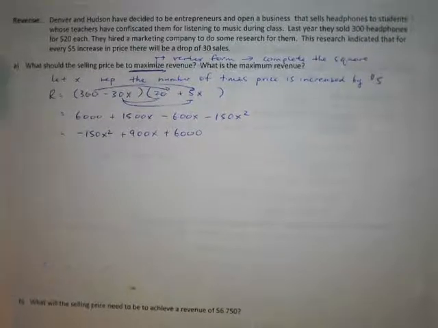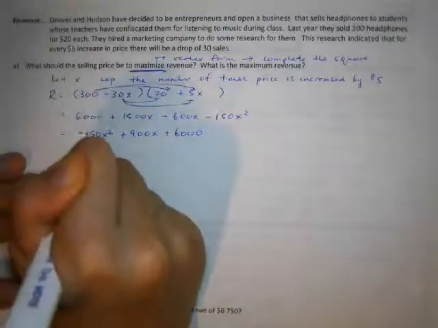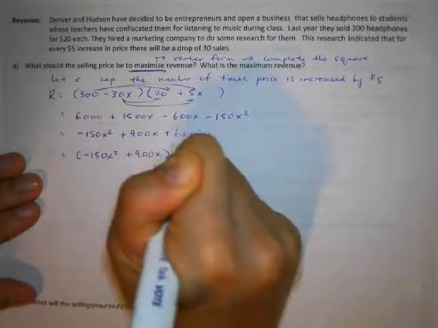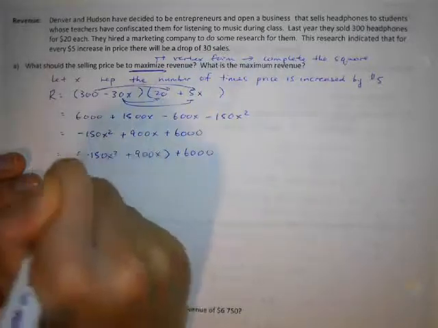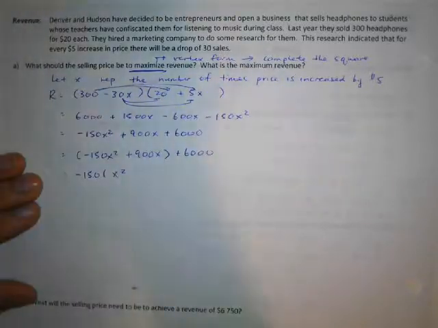Okay, so we got into standard form and now complete the square. A is 150.